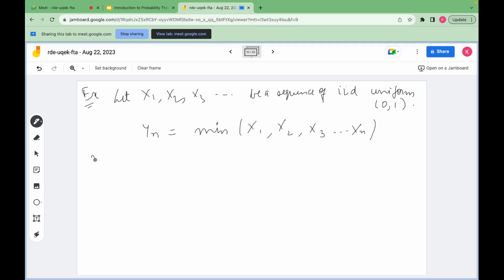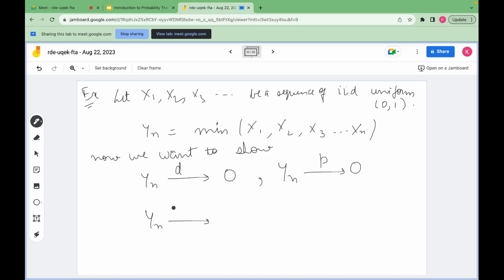Now we want to show that this Yn converges to 0 in distribution, in probability, almost surely, and in any r-th moment.